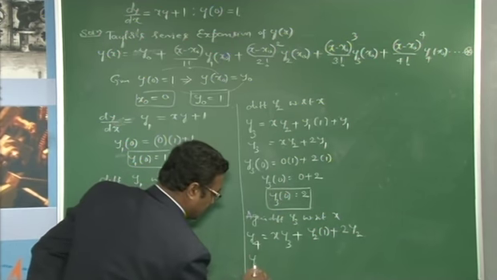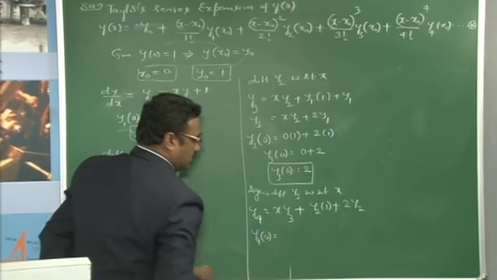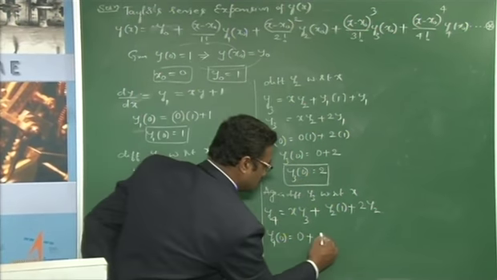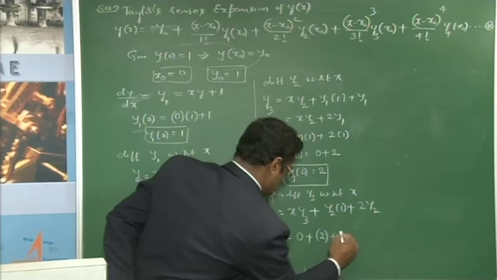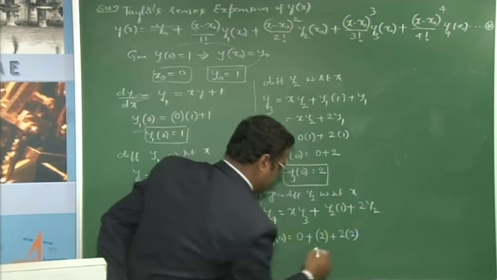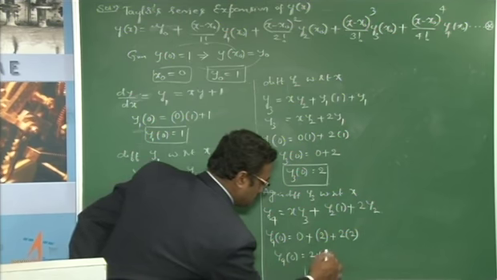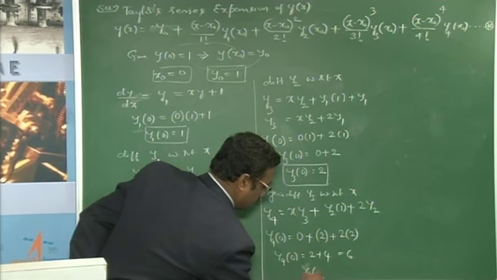Then again at the point x0 equal to 0, this value becomes 0 plus the y2 value, which is 2, and again plus 2 into 2. Then y4 of 0 is 2 plus 4, which becomes 6. That is, y4 of 0 is 6.